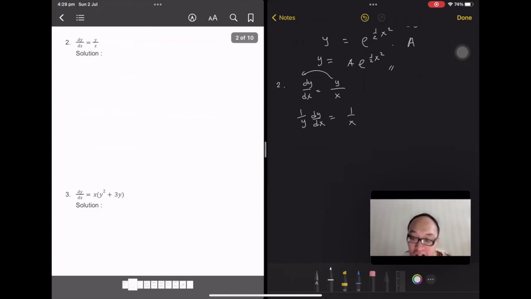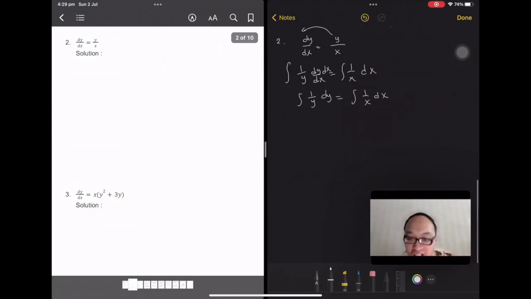And then after that, we can integrate both sides with respect to x. So it simplifies to the integral of 1 over y dy equals the integral of 1 over x dx.